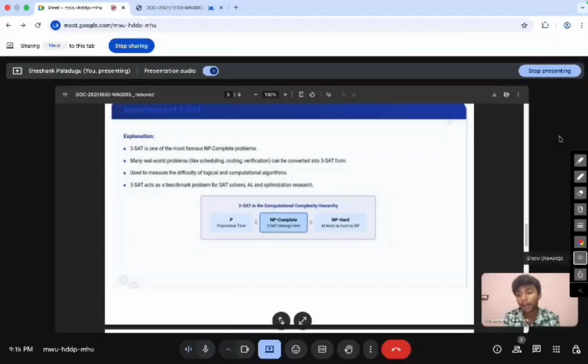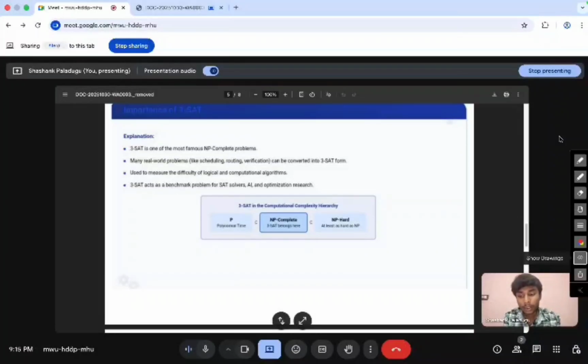That is NP-complete. 3-SAT is important because many real world tasks like scheduling, designing circuits, routing verification all can be converted into 3-SAT. This means that solving 3-SAT helps solve many problems indirectly. 3-SAT is used to measure how powerful or efficient an algorithm is.